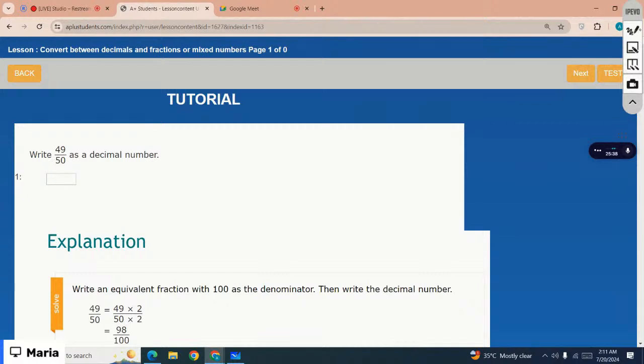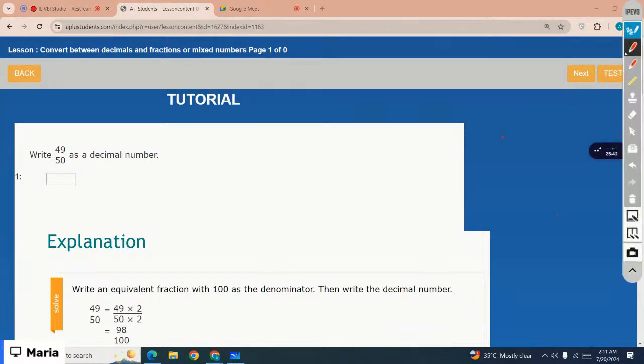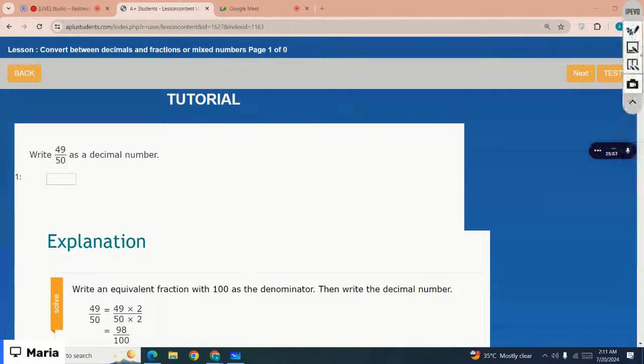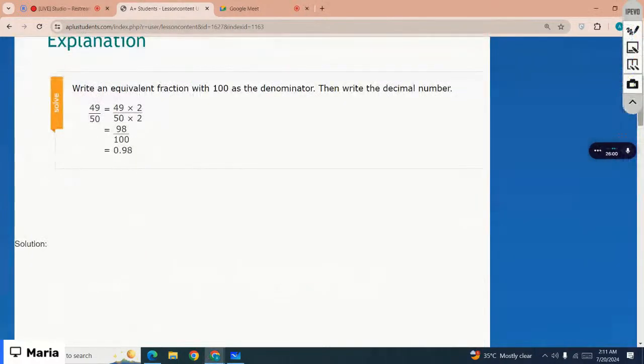Basically, when we're working on fractions, we have to convert them into decimals. You simply convert the denominator into 100. Here you have 50, and 50 times 2 is 100. You need to multiply the numerator and denominator by 2. So 49 times 2 over 50 times 2. 49 times 2 is 98, so that is 0.98, right?